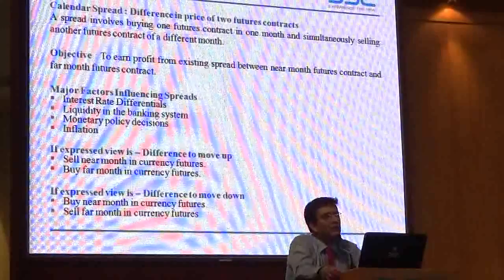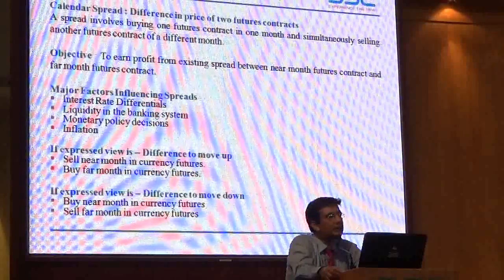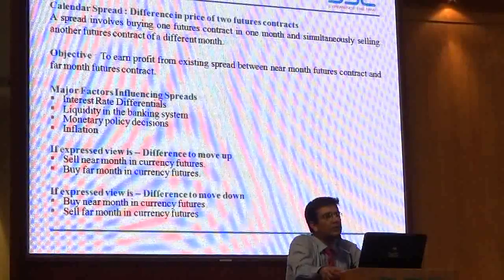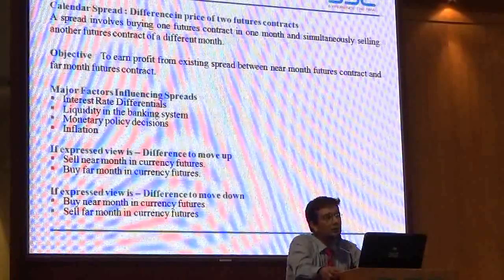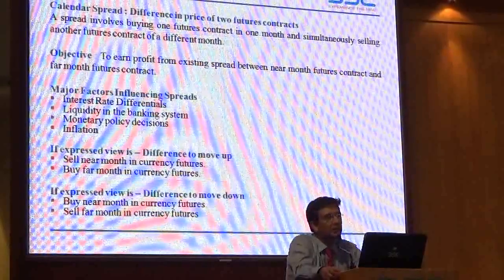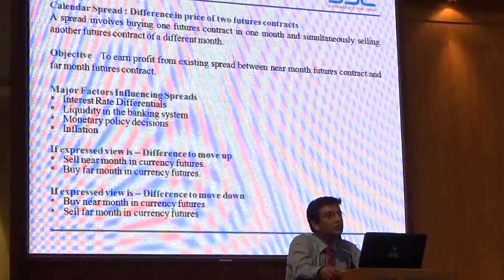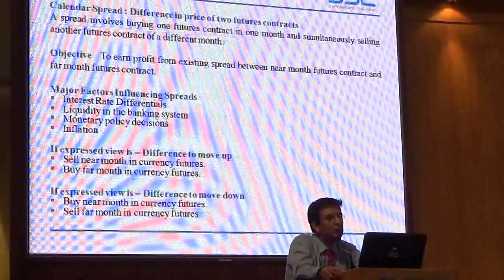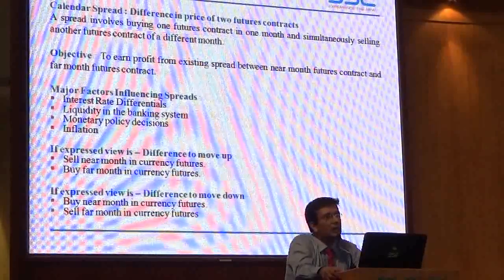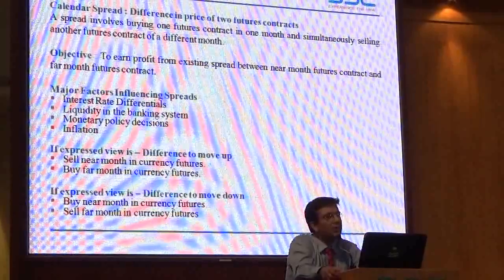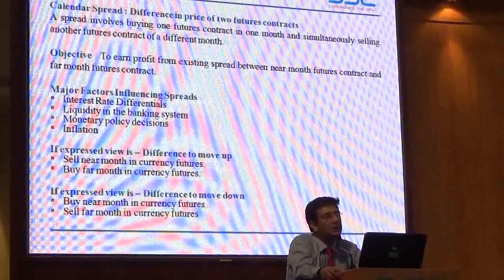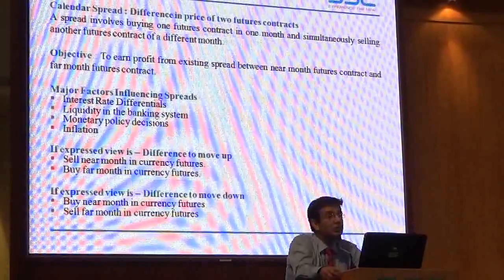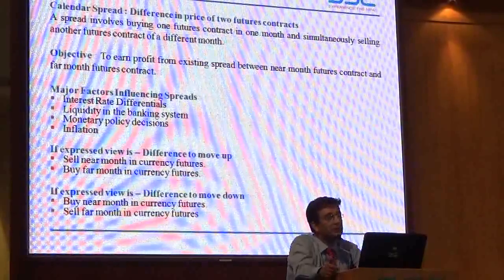And you have one more interesting spread, which is the inter-market spread between the OTC market, the banks market, and the exchange market, which most of the corporates and the banks are into. They take one position on the OTC market and simultaneously the opposite position on the exchange market and play on the spreads.